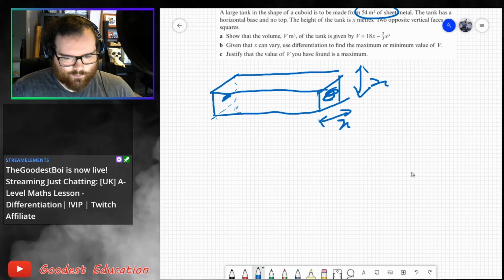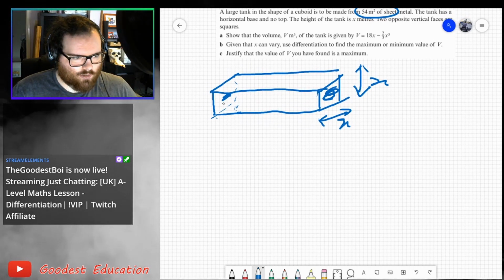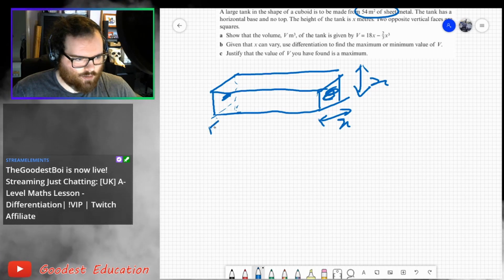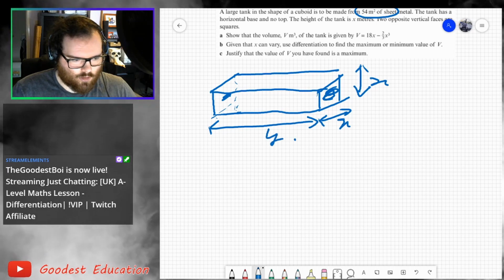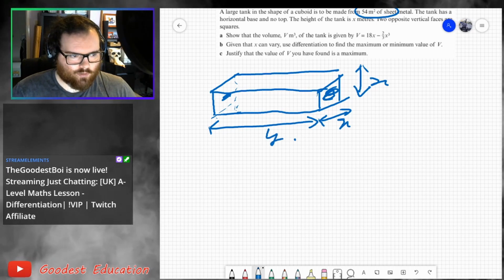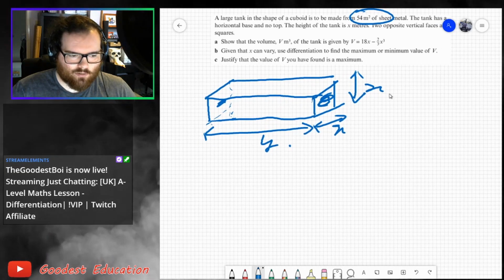If we call the length of this y, which is something that we don't know, we want to know what the total area is going to be in respect to x and y.